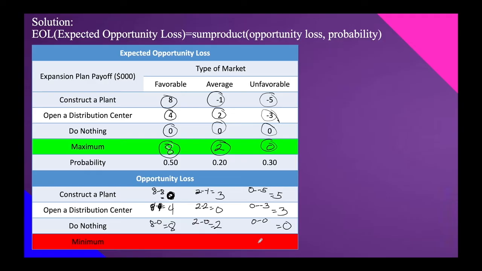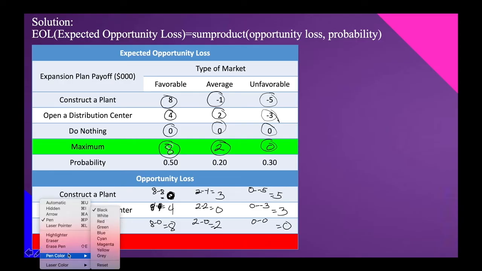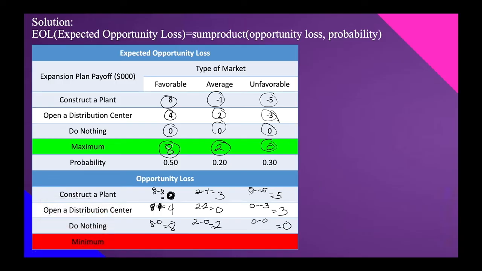Okay? Now, this will be the time na magko-compute tayo ng EOL or ng expected opportunity loss in every possible decision, which are constructing a plant, opening a distribution center, and do nothing. So, let's have some product ng opportunity loss and ng probability.